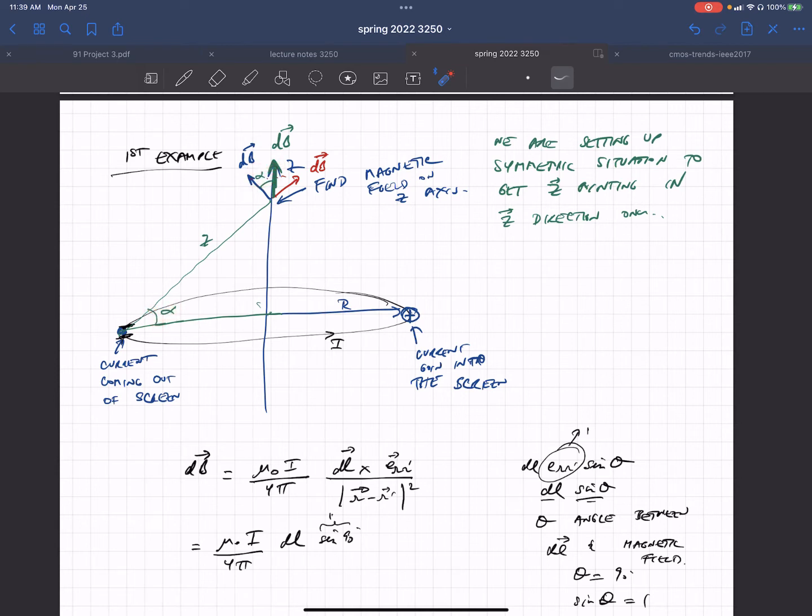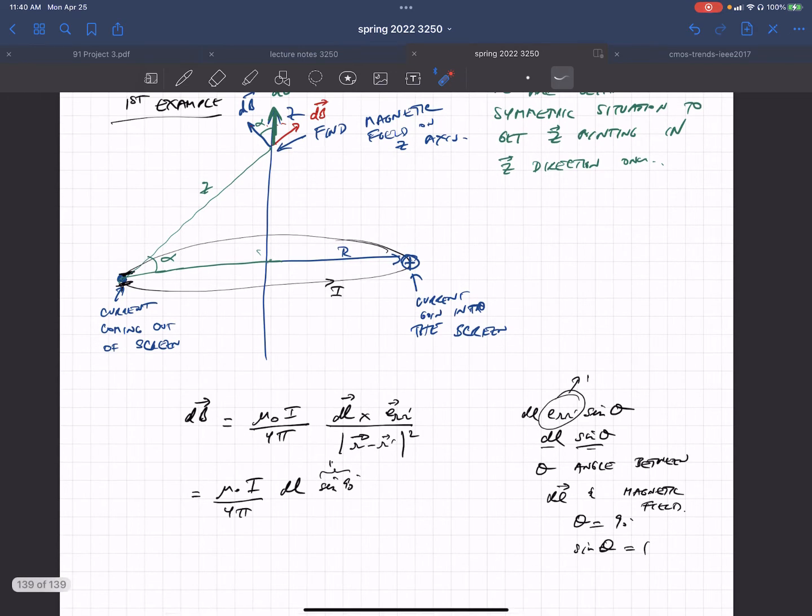So now I want to see the component of the magnetic field just in this direction, and this distance. But I want to use this angle because then we can integrate around this circle. So I'm going to make that be over z squared plus r squared.